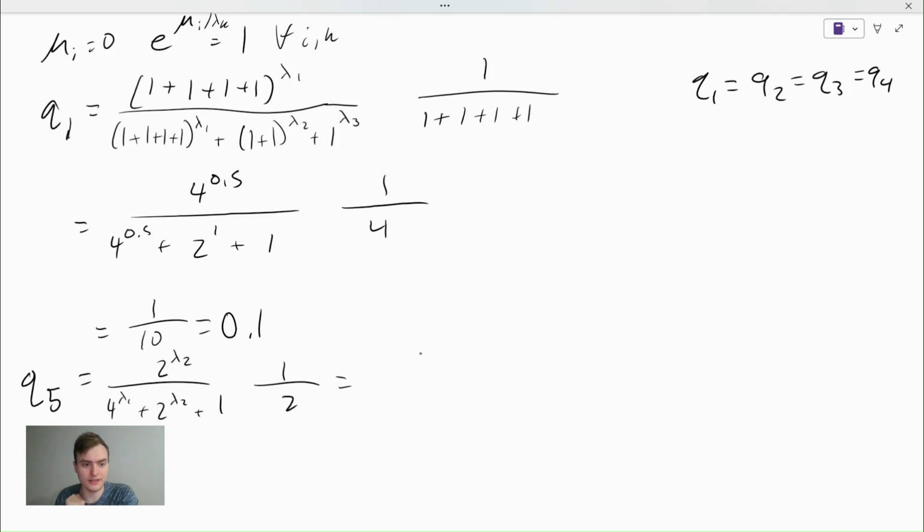And then our lambda 2 is 1. Our lambda 1 is 0.5. Our denominator is going to be the same as last time, but this numerator is changing, right? And so now it's 2 on top and 2 on bottom, so it's just 1 over that denominator 5 equals 0.2.